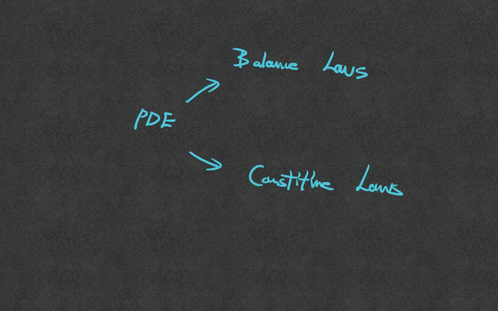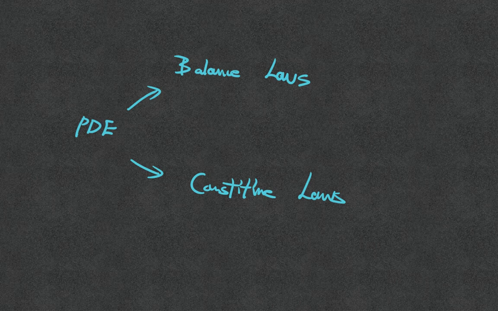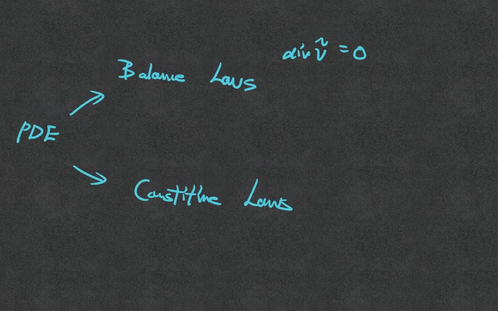Do you remember that? The balance law is put together with Darcy's law. So the simplest case that we first covered is simply the divergence of the Darcy velocity equal to 0. And this is the first balance law we covered, balance of mass.